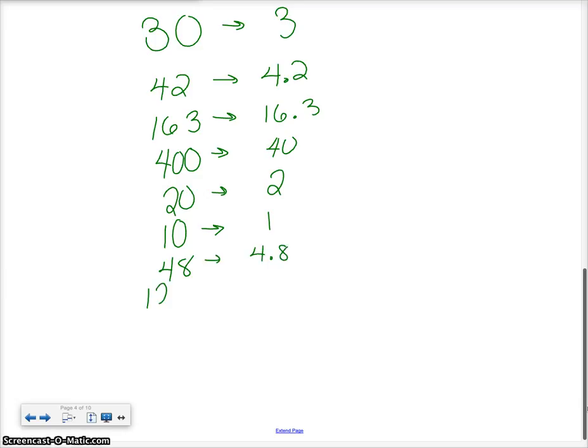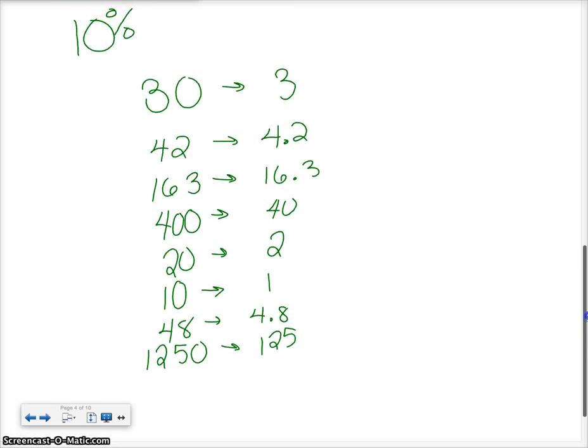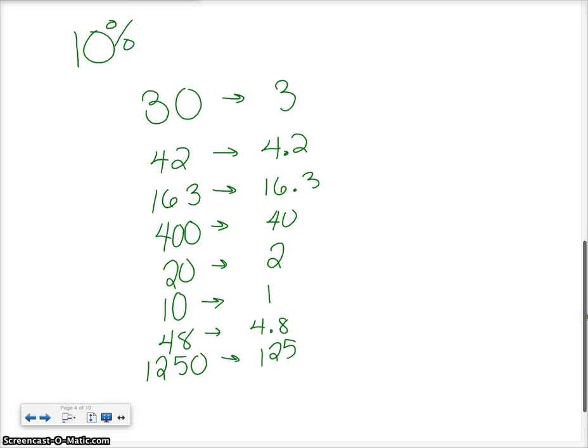If I have 1,250, 10% of 1,250 is 125. So you should identify the pattern that I used when I quickly, using mental math, calculated 10% of the numbers on the left-hand side.